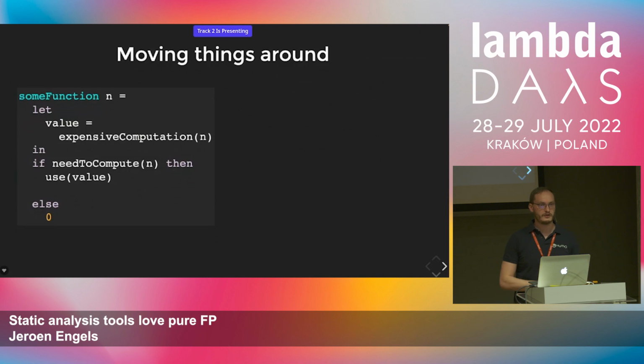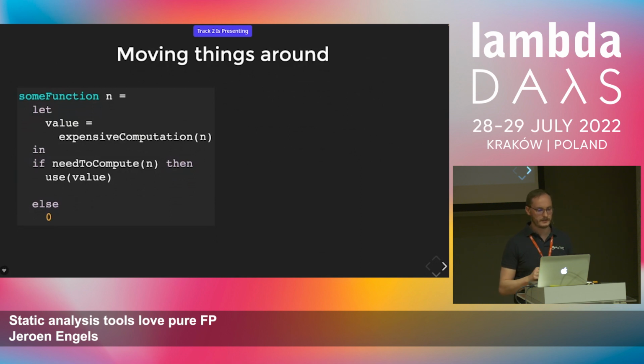Here we have some function which defines a value that is very expensive to compute. And then based on whether we need to compute that value, we use it, otherwise we return 0. So you can clearly see there's a problem here because we compute something very expensive, and then in half of the cases we throw it away. So that's a bit wasteful.